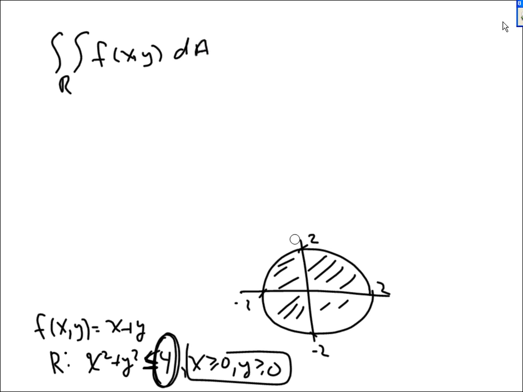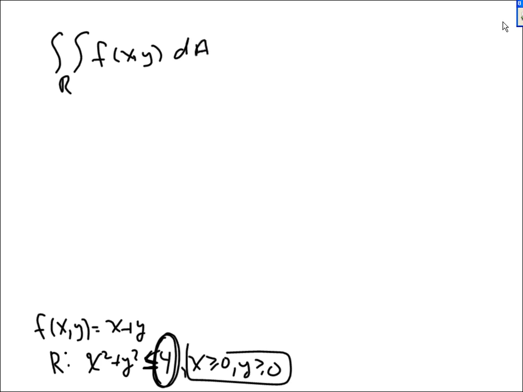We have to get rid of a lot of this stuff. So we're in quadrant 1, and we are a portion of a circle of radius 2. We're like this.